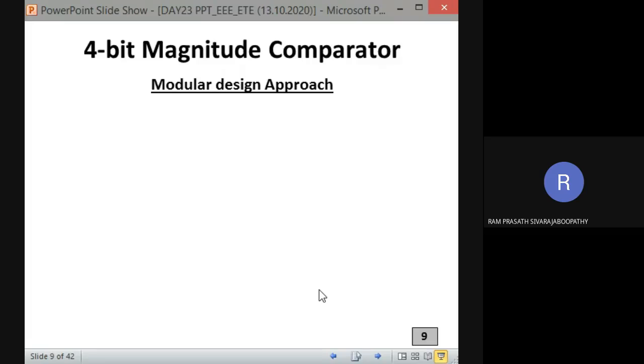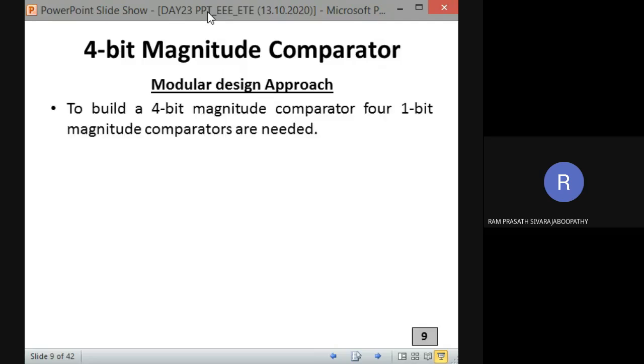Each 1-bit magnitude comparator can be used to compare only 1 bit. Yes, very good, Sabri Shetty. 4. So to build a 4-bit magnitude comparator, 4 1-bit magnitude comparators are needed.